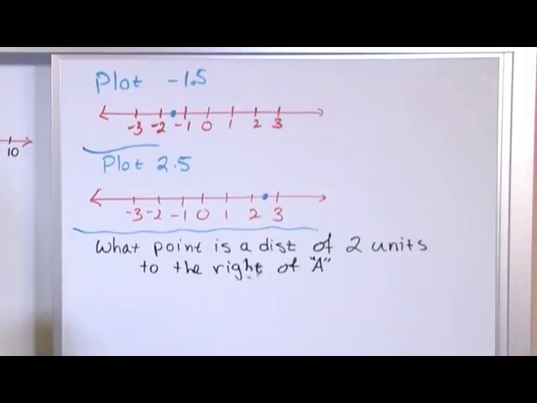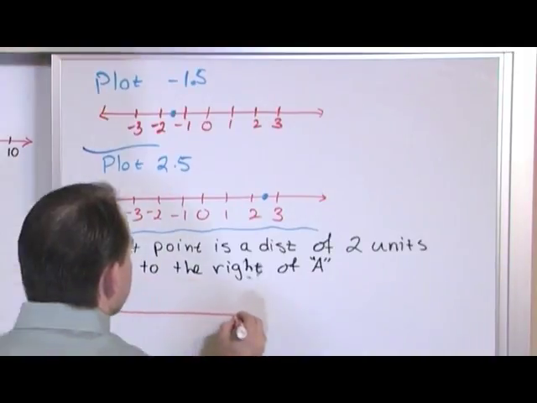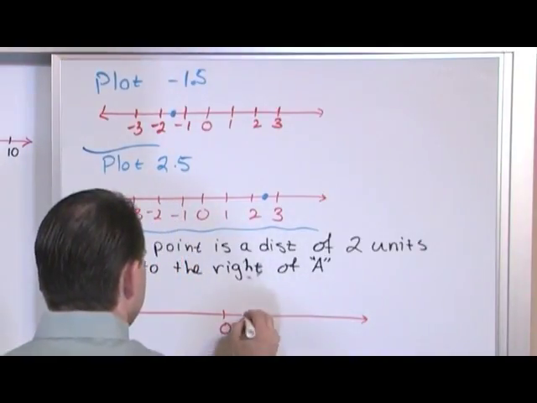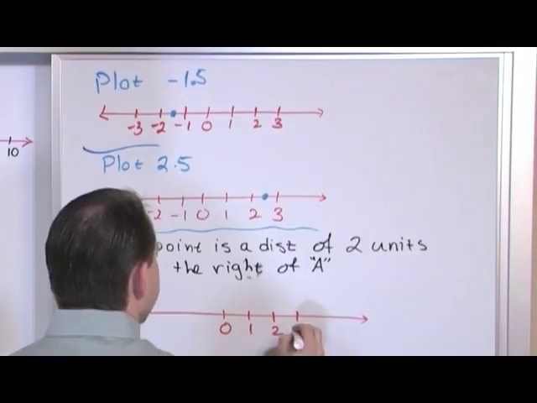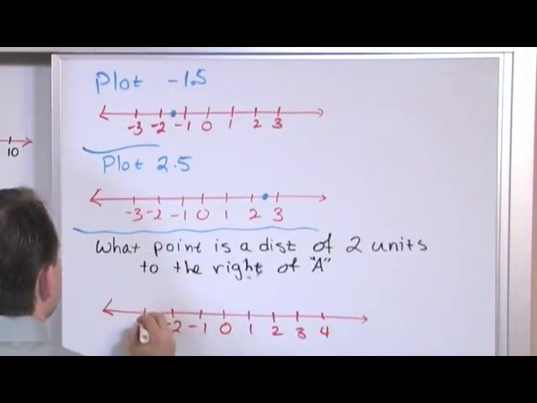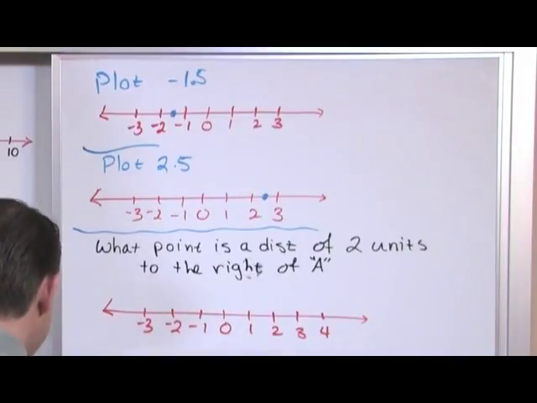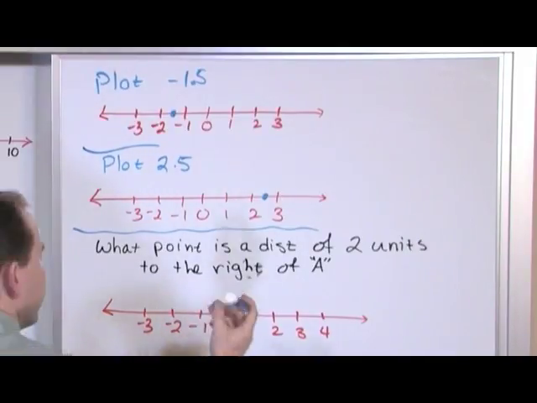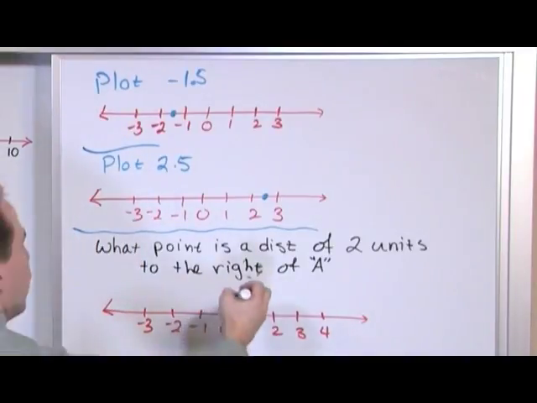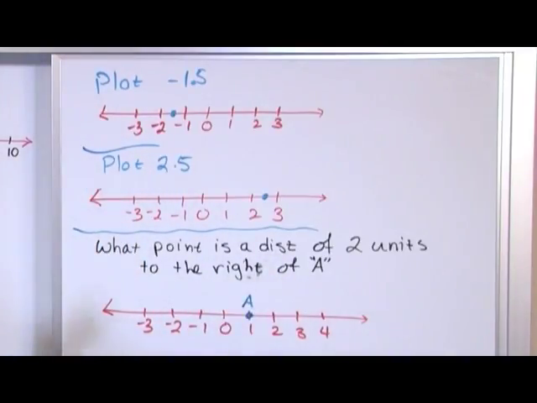And I haven't even drawn the point A yet, so don't worry too much about it. What I'm going to provide to you is a number line. So you have 0, 1, 2, 3, 4, -1, -2, -3. Now the point A, I'm going to say, is right here at the number 1. That's the point A.